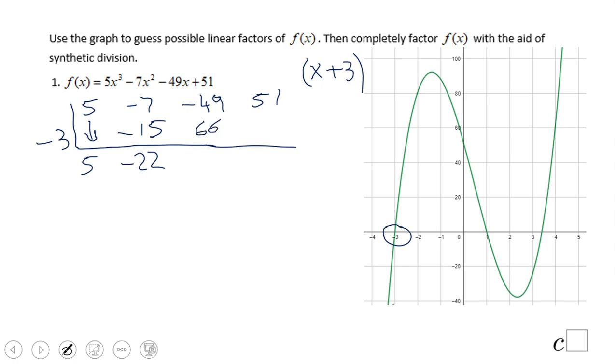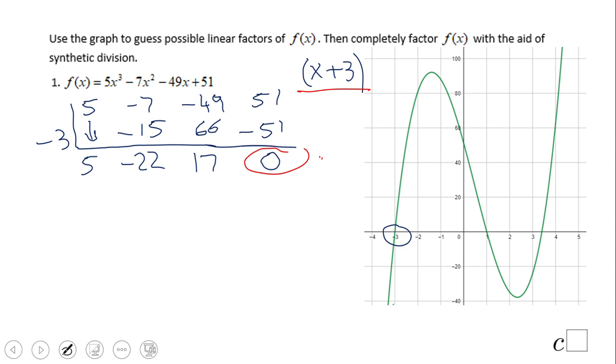If we add -49 and 66, that will be 17, and then we have -3 times 17, -51. You should expect to get 0 here, very important, because this is a factor. So by the factor theorem, we should get a remainder of 0.